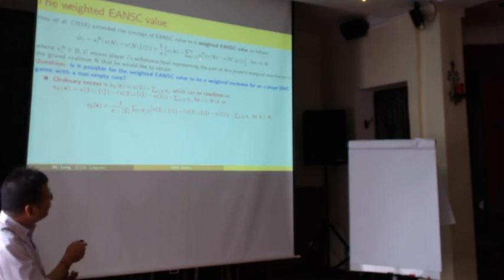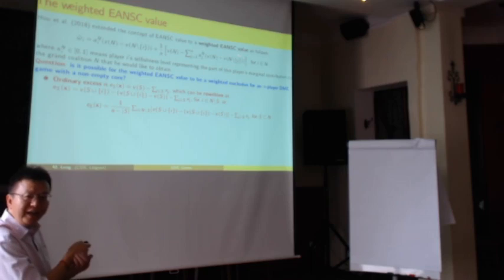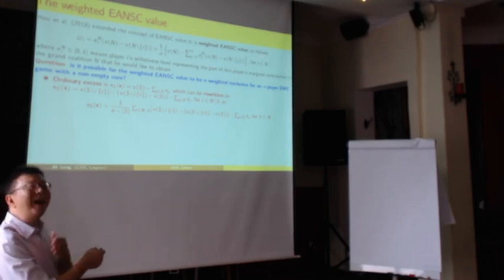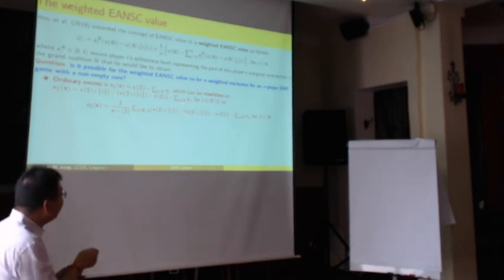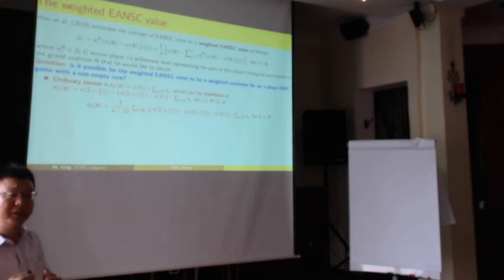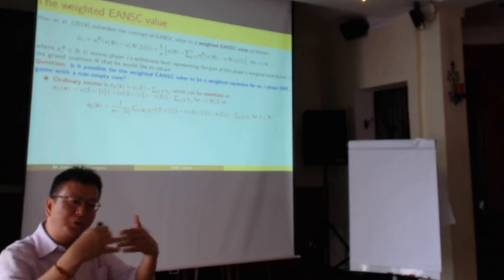Please note, in Ho's original definition of the weighted EA and SC, this person just assumed alpha for the marginal contribution to the grand coalition. But here, for any coalition, this player has a marginal contribution, so I would like to add a new parameter here, not just for the contribution to the grand coalition.